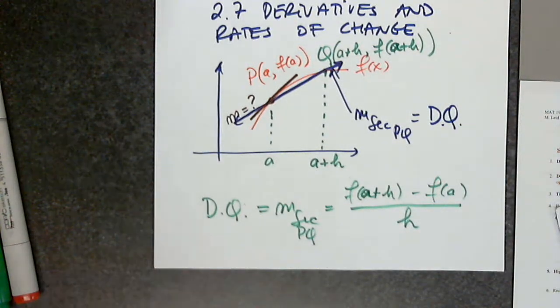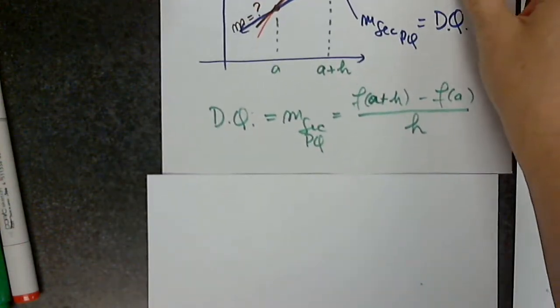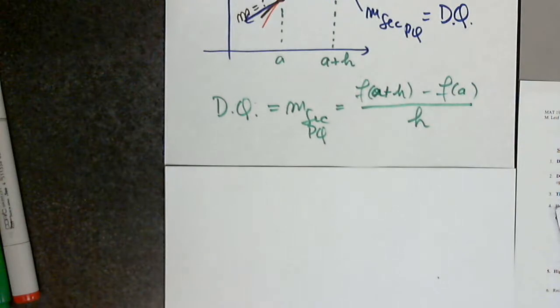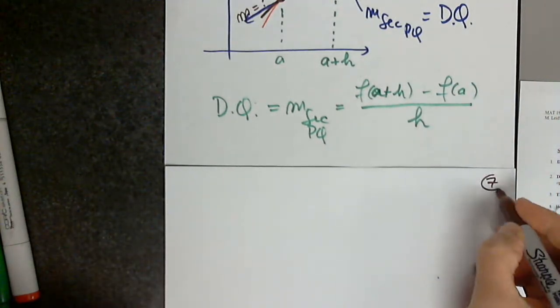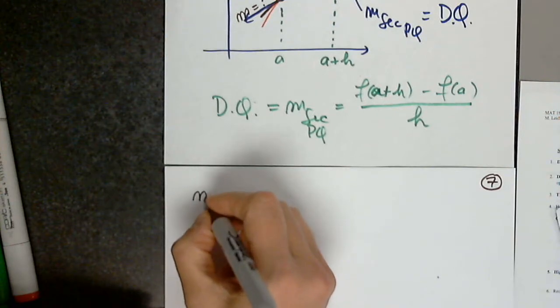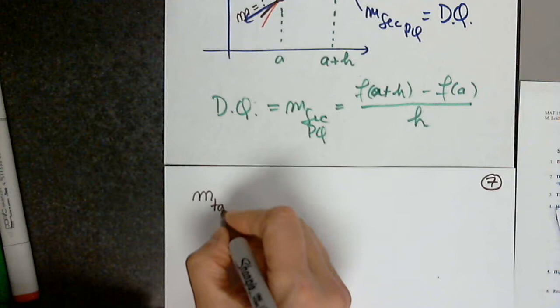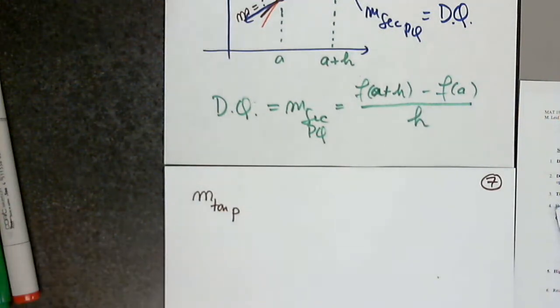Good. Stay with me. Now, in view of what we have learned so far from the beginning of the class, I would like you to tell me what to write for the slope of the tangent line at P. We have enough information to identify it.